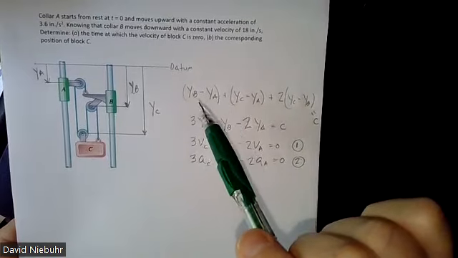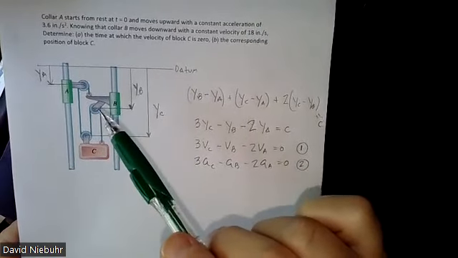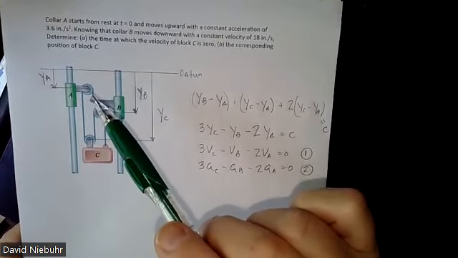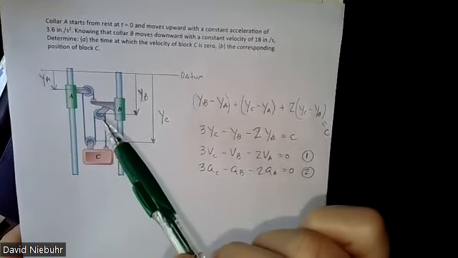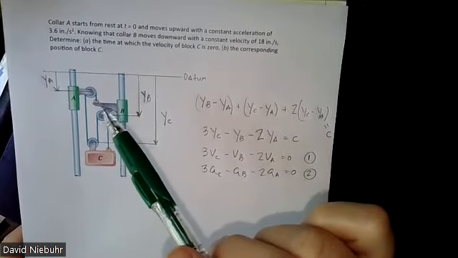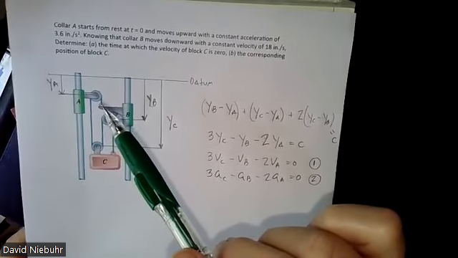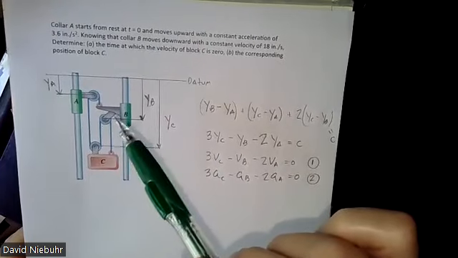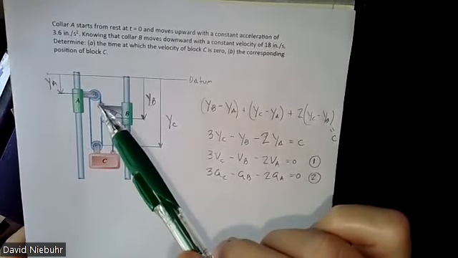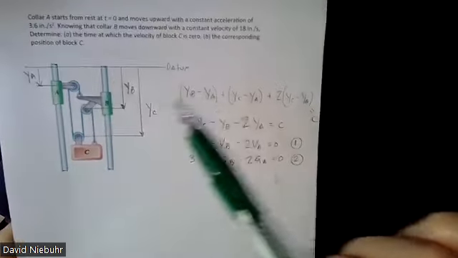Now, first one, YB minus YA. So this little piece of string here is what YB minus YA is. Notice that this whole piece is fixed all along here, so it really doesn't matter that the string is up there because this whole piece constitutes B. So YB minus YA is that little piece.